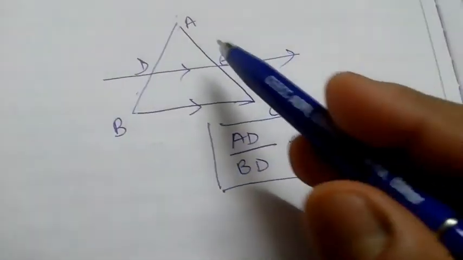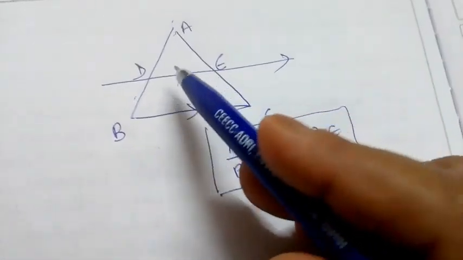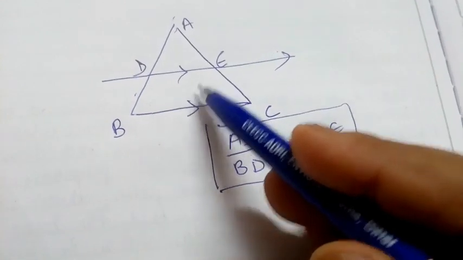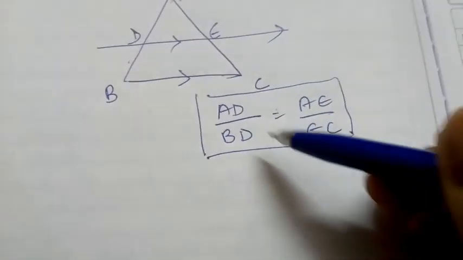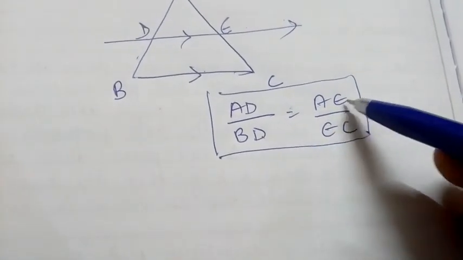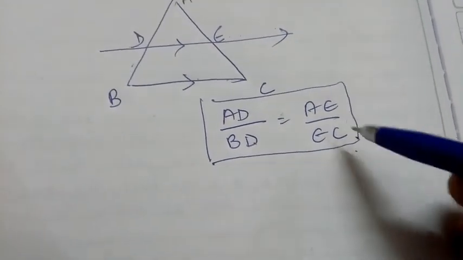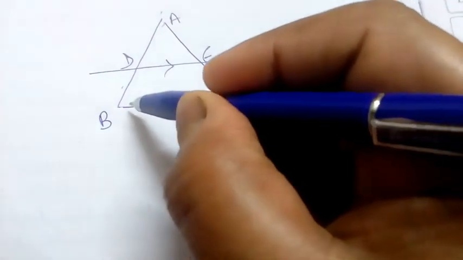Given a triangle ABC, a line parallel to BC intersects at D and E. To prove: AD upon BD equal to AE upon EC. Next, construction.